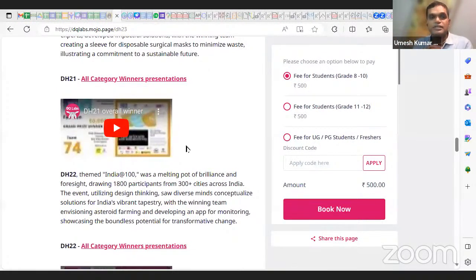The DH21 overall winner's problem and solution was very current and practical in nature. It can be implemented there and then by individuals from various regions across the world, and they have provided the methodology for the solution.